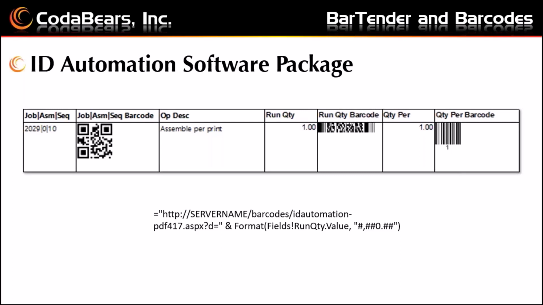ID automation software needs to be installed, and CodaBears sells the software and can do the installation and setup. Different fonts can be used. Here I'm showing an example of the 3 fonts in the columns right after their data.